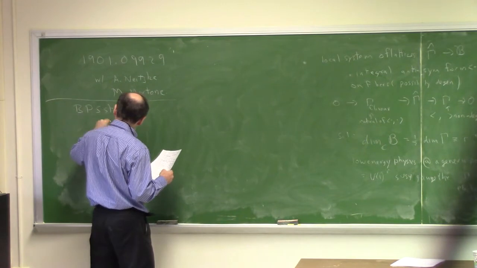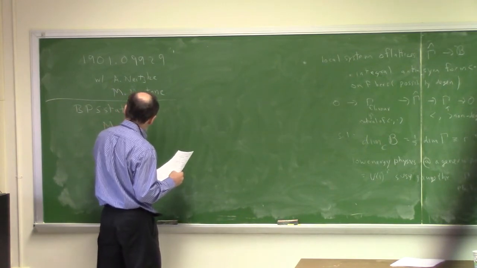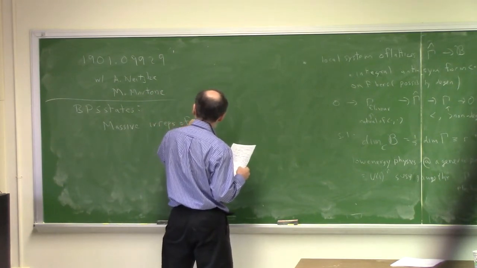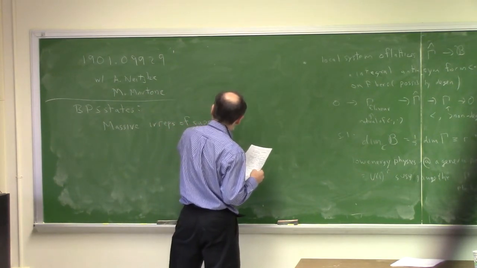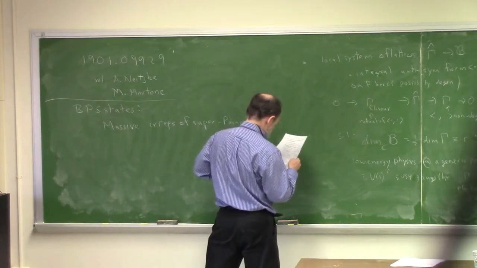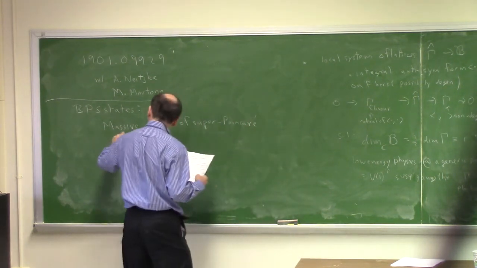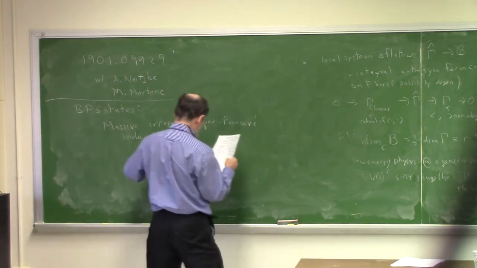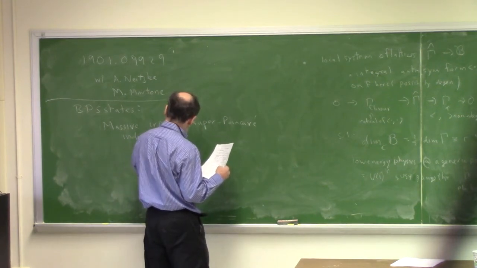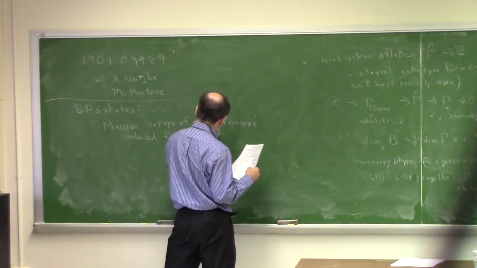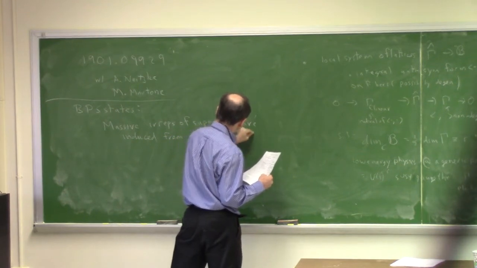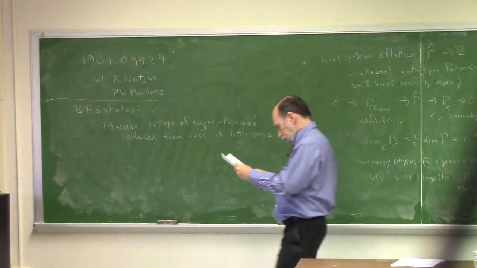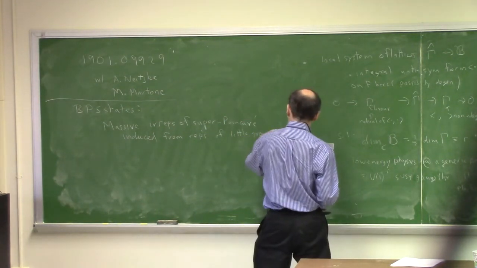So, massive irreducible representations of super Poincare are induced a la Wigner from representations of the little group, the stabilizer of a time-like vector, which in 4 dimensions is just SU2.